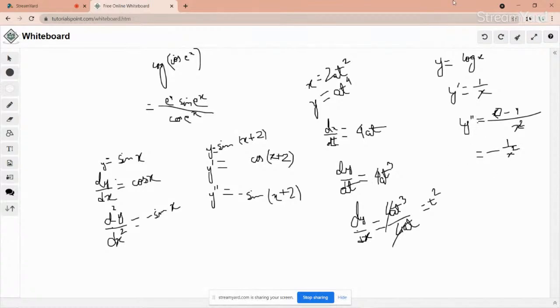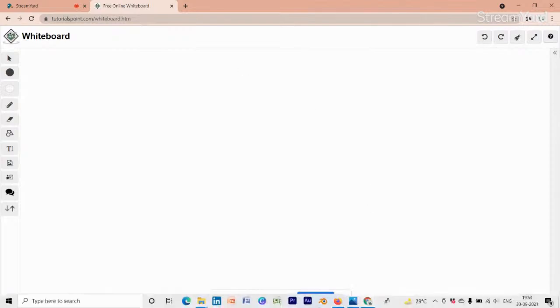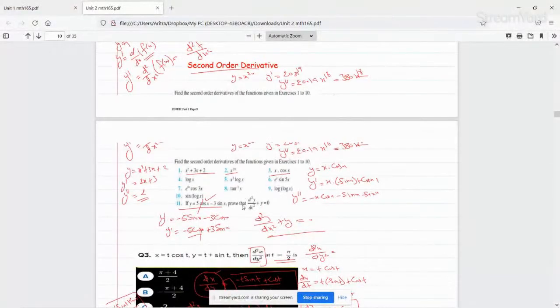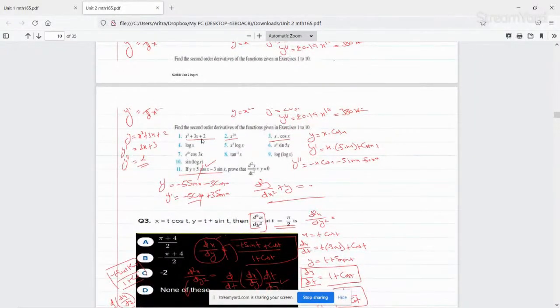Let's just do some more numericals based on chain rule and using the second order derivative. Let's see. y is equal to x square plus 3x plus 2.